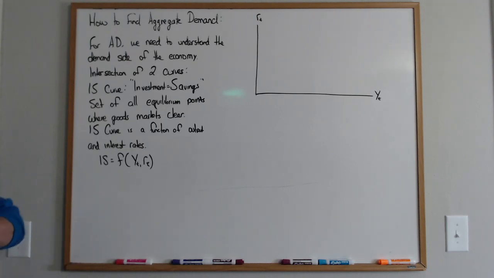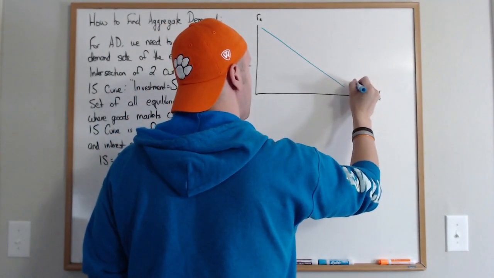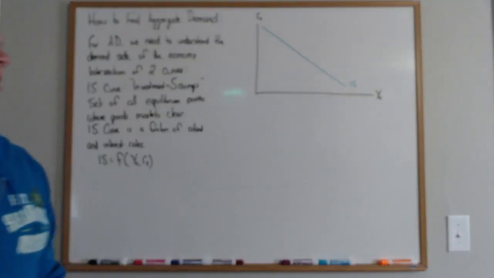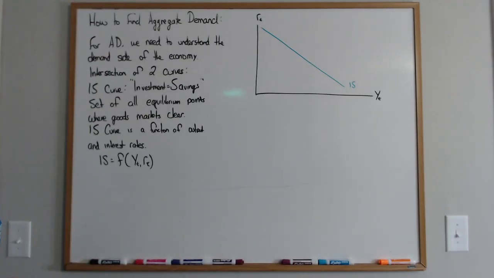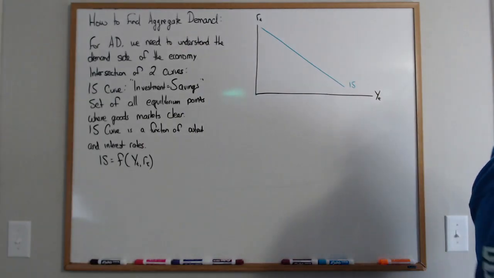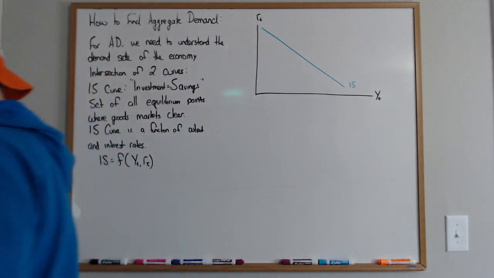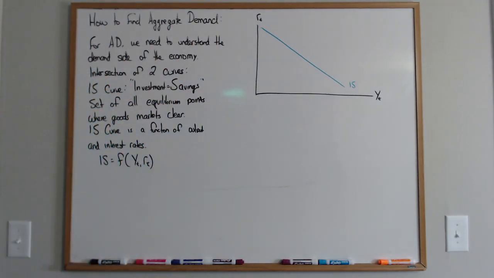Now, the IS curve, as you will see if you read through this in the book, is a set of all interest rate and output combinations where goods markets clear. Therefore, the IS curve is downward sloping in interest rates. If we think about this from the demand side of the economy, C plus I plus G, if interest rates increase, what happens to output?